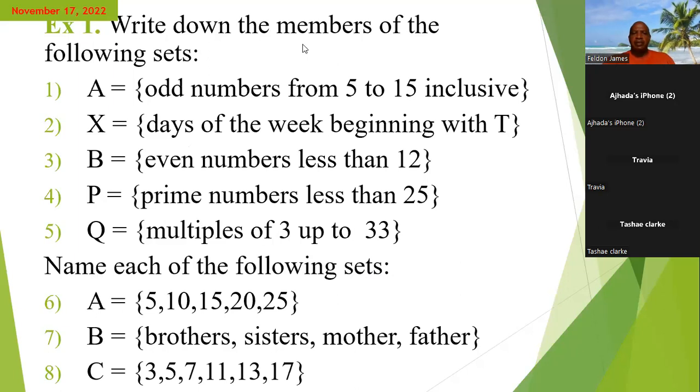I don't know why I'm jumping the gun. Some persons are being affected by the rain, and so as a result, their internet connection is not stable. So question 5 here says Q equals multiples of 3 up to 33.